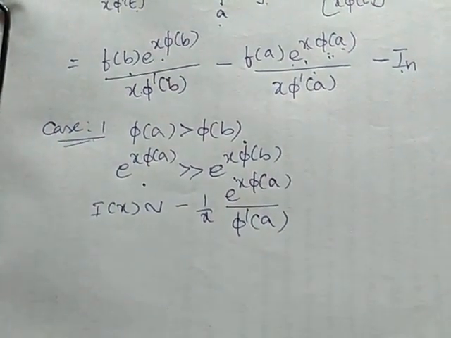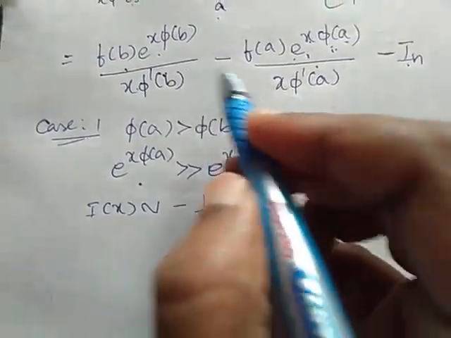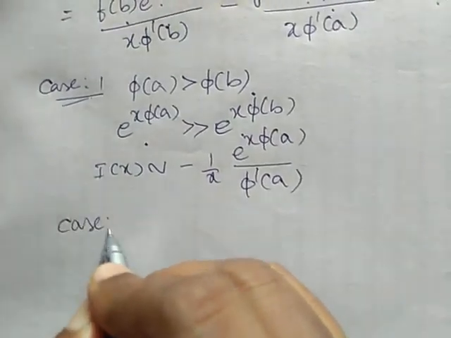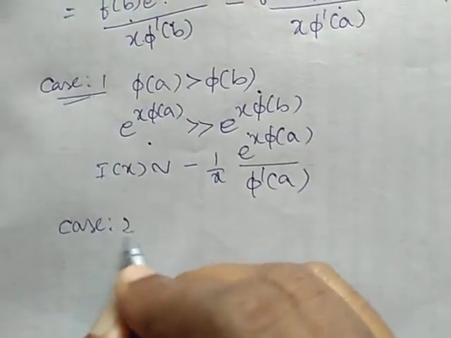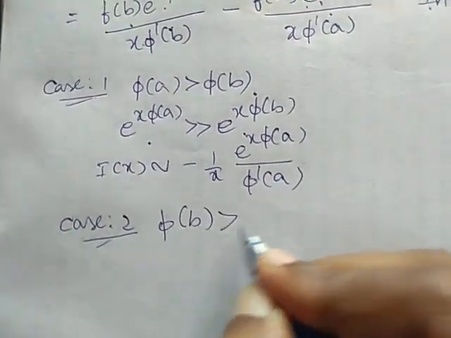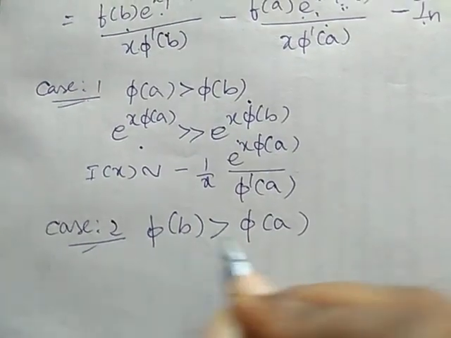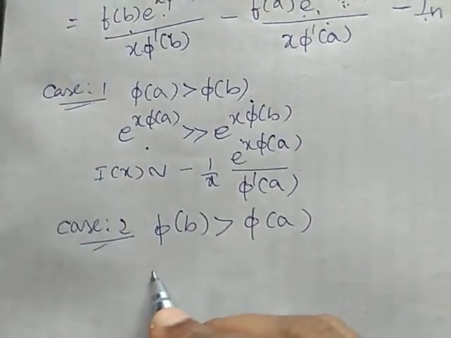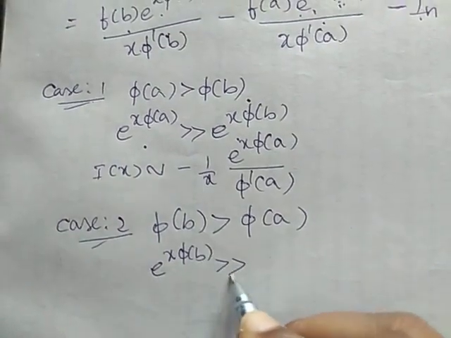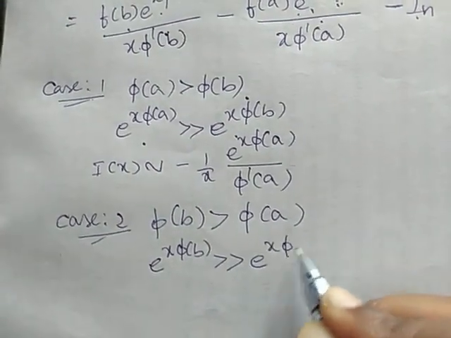In the second case, if phi of b is very much greater than phi of a, the reverse form, what will happen? e power x phi of b is very much greater than e power x phi of a.